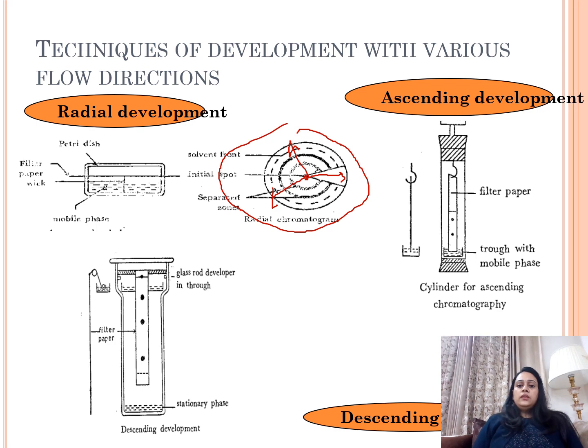The most common type which we prefer is the ascending type, where we keep the solvent here and the solvent runs upward against gravity. And the descending type, where we keep the solvent in the tank on the upper side and hang the paper or strip downwards, towards gravity, and the movement of the molecules is towards the lower direction. So this is known as descending.